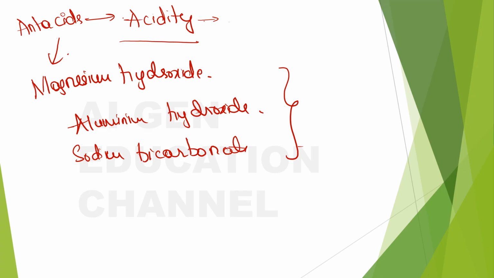Okay, and this magnesium hydroxide, when it is commercialized, or when it can be used for consumption or as a medicine, is called milk of magnesia, right? Milk of magnesia. Yes, this is the active compound.